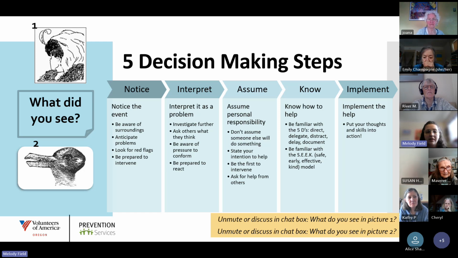And so we have 5 decision-making steps that we like to use, which is to notice the event, interpret it as a problem, assume personal responsibility, know how to help, and then implement the help. And we'll dive deeper into how to do that as we move forward through the presentation.